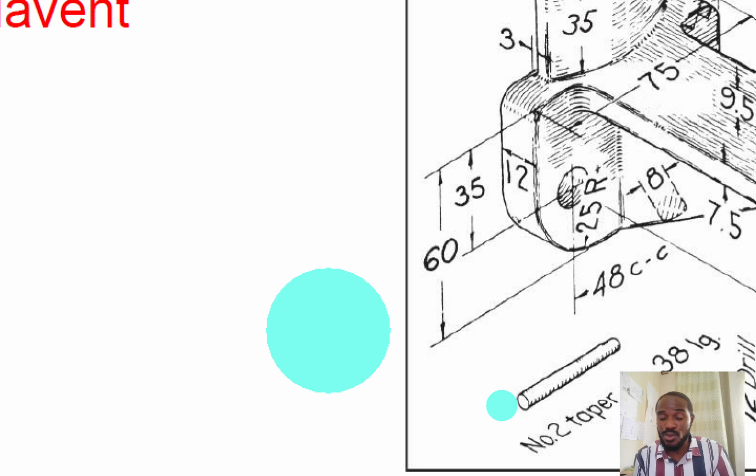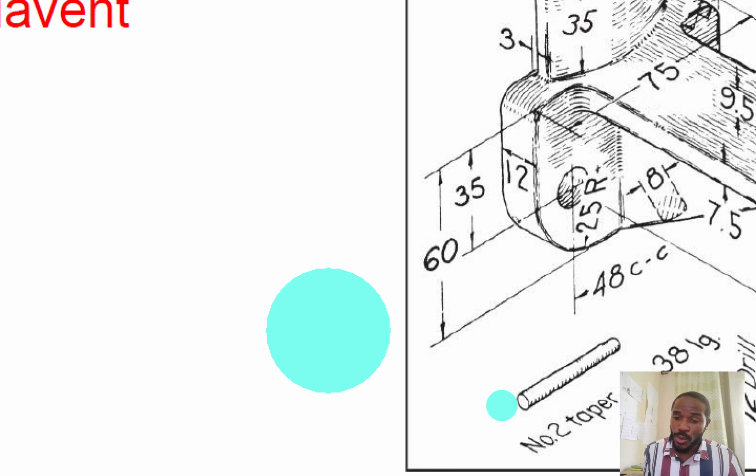Now, the pin that we're dealing with has a length of 38 millimeters. If it reduces by 6.35 for a length of 304.8 millimeters, you run a proportionality calculation and you'll find that for 38 millimeters, it drops by 0.792 millimeters.